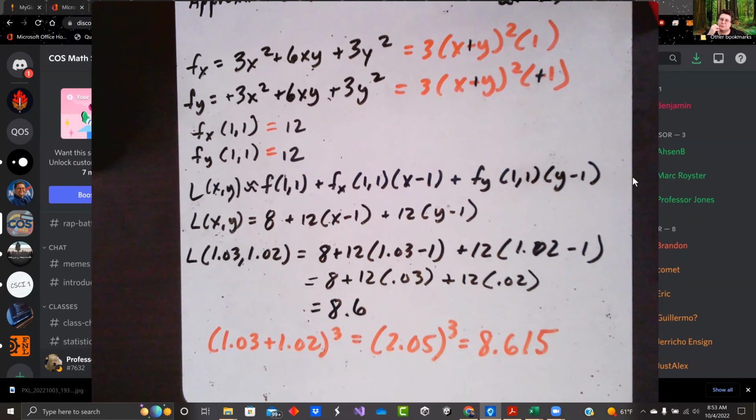So I can check in this small range around it. The further away we get from 1, 1, the less well this approximation works. There is some sort of radius of, I don't want to say convergence, but it's that idea. It begins to lose its accuracy as you get away from a certain radius around it.